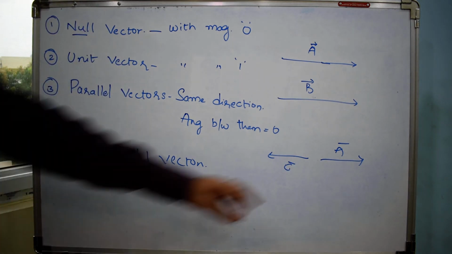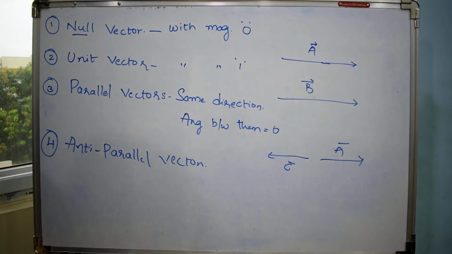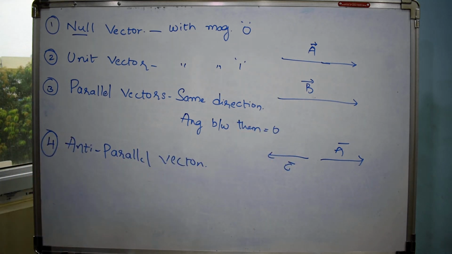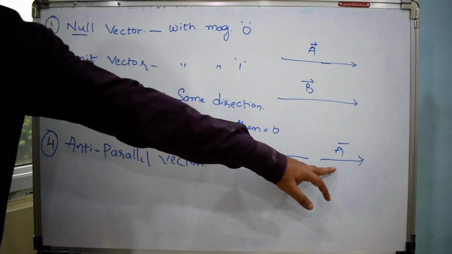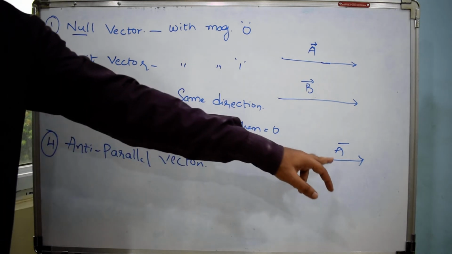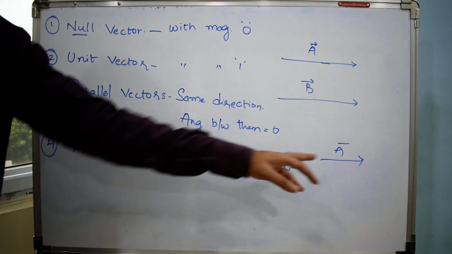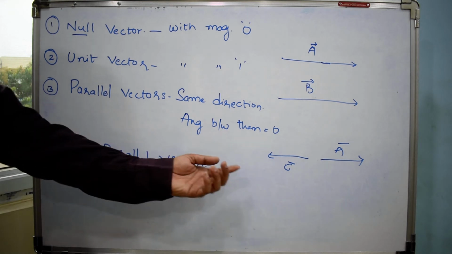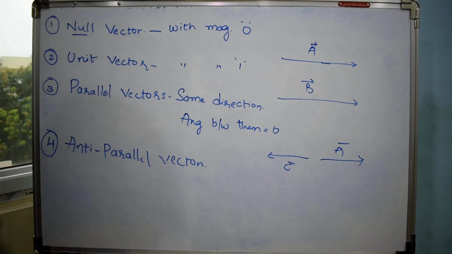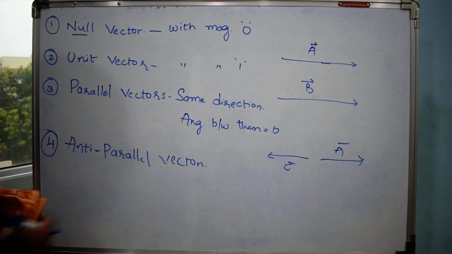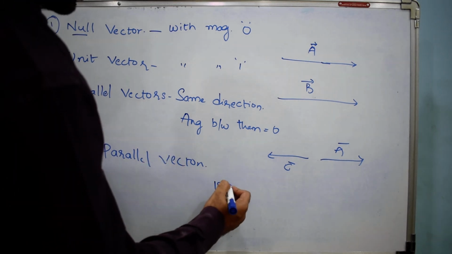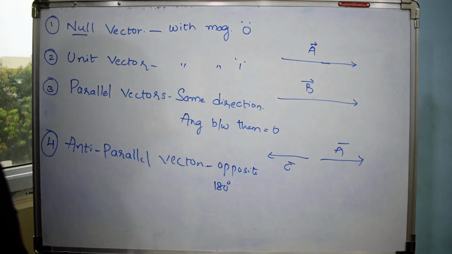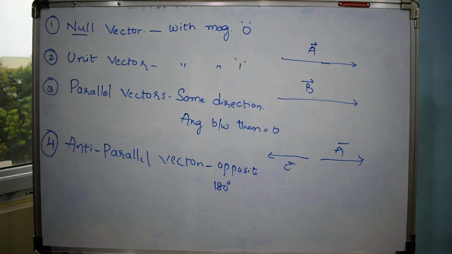If you have two vectors, something like A bar and C bar, which are in exactly opposite directions, say one towards right and the other towards left, or east and west, north and south, then such vectors are called anti-parallel vectors. They will always be in opposite directions. The angle between such vectors is 180 degrees, and they are opposite in directions.